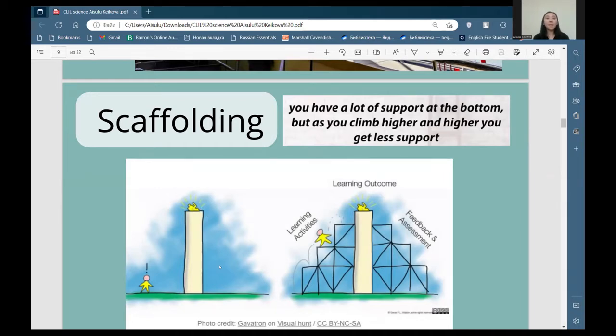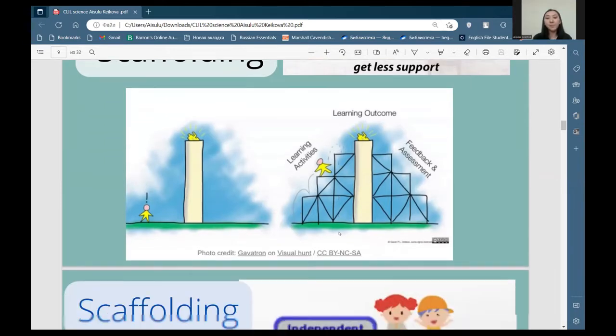I made easier tasks at the bottom level, and so they got good grades. However, in our school team, we had a discussion session, brainstorming, and then we agreed that the scaffolding method would actually be the right way, starting from easy questions, then making them more and more difficult.